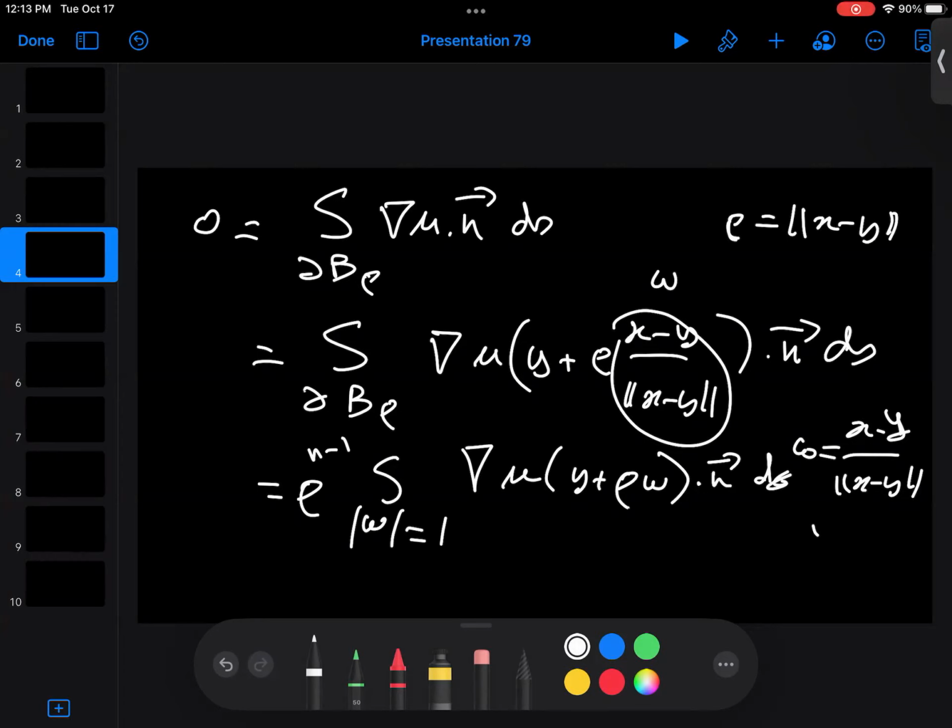And here I will just make some change. I can remark that here now my exterior unit normal vector is actually omega.